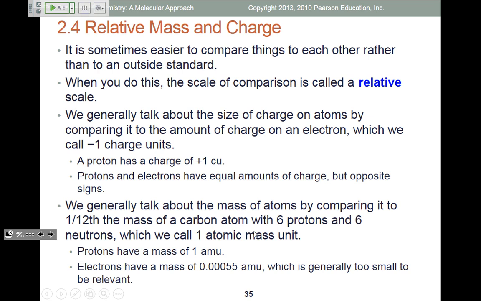Electrons have a mass of 0.00055 AMU. But that's so small, we consider it irrelevant. Clearly it has a mass, it's a thing. But it's such a small mass, it's not going to change the total mass of our compound. So we just concern ourselves with the mass of the protons and not the mass of electrons, since they're so small. Though they're really important because they contribute to charge.